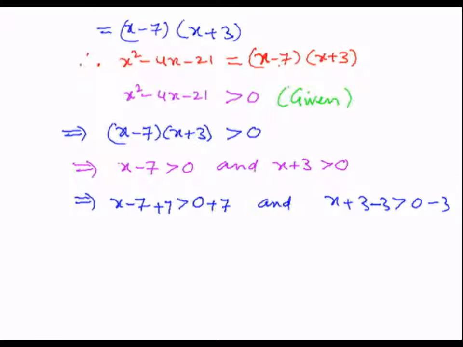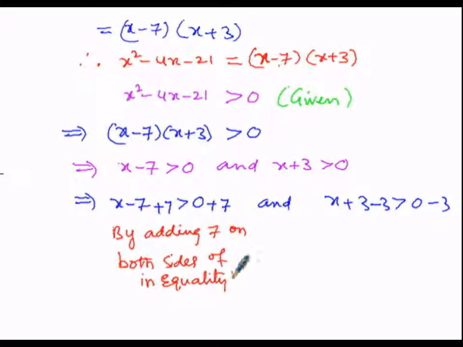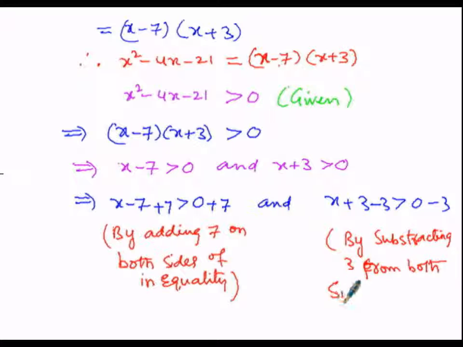So here I wrote this logical step in the first inequality by adding 7 on both sides of the inequality, and similarly here I have subtracted 3 from both sides of the inequality.